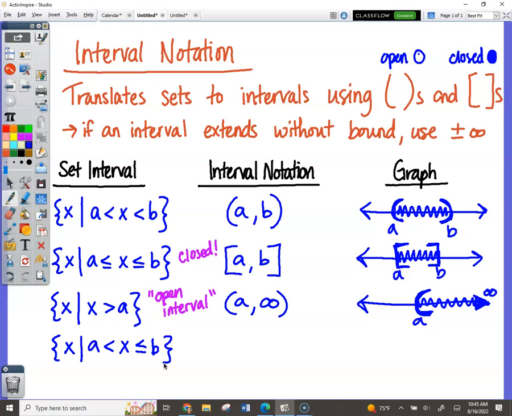We only include the max value, right? Because that's the one that has the or equal to. So you got your min, you got your max. It is not going to include A. It will come to it very close, but it will not actually touch it. It will include B, and then it's everything in between.